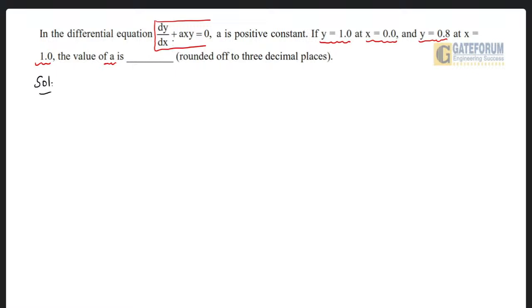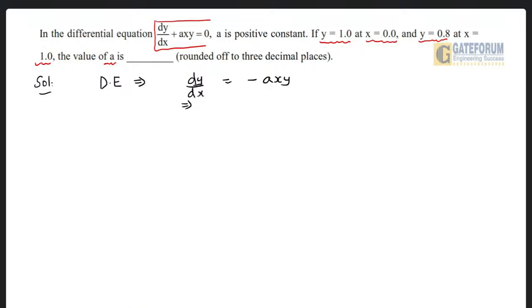Usually first order differential equations can be solved by the variable separable method or as linear equations.